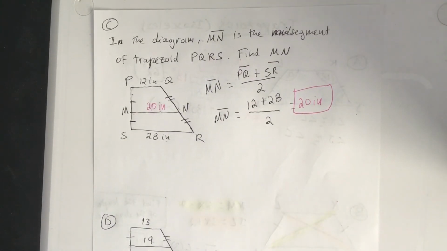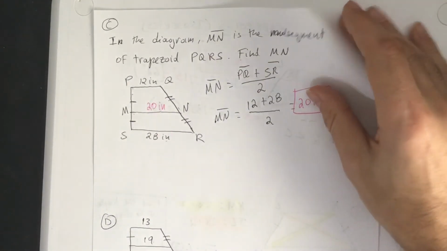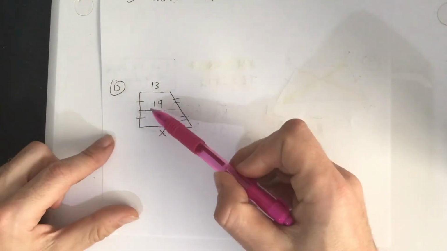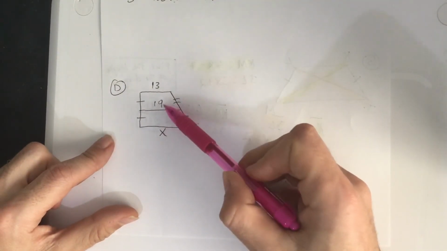Right. So let's see if you guys can figure it out. The next one here is a little bit different because I'm giving you the mid-segment and I want to know one of the sides or one of the bases. Pause the video, see if you're able to figure it out. All right, so let's do this one over here. It's a little bit complicated because I'm not giving you this one, I'm giving you the mid-segment.